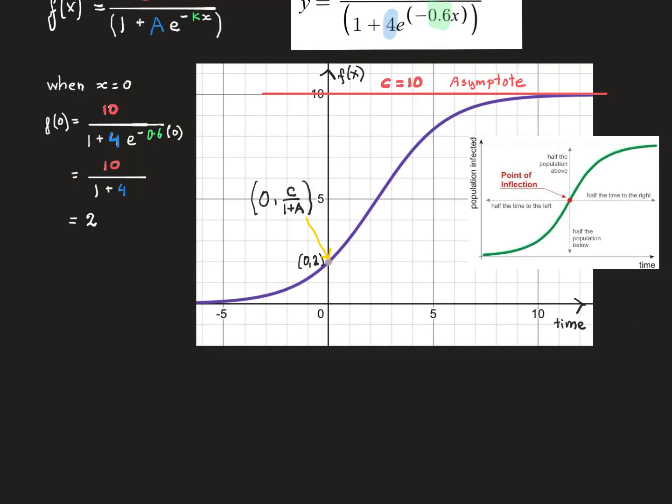Point of inflection is the point between the concave part of the graph and the convex part of the graph. It is the part of the graph where the gradient is the steepest, and it will be right here. And notice that it will be halfway in, with the population above and halfway with the population below.